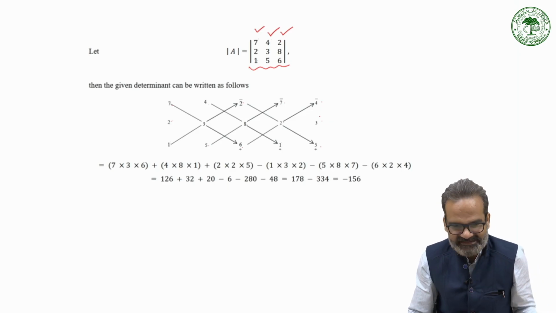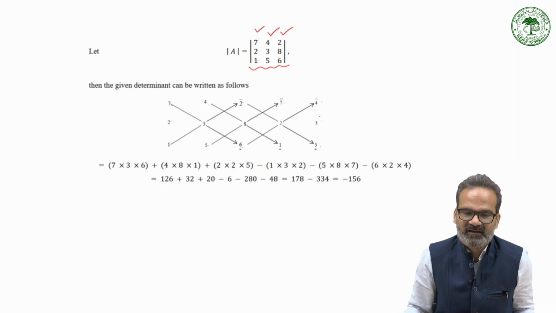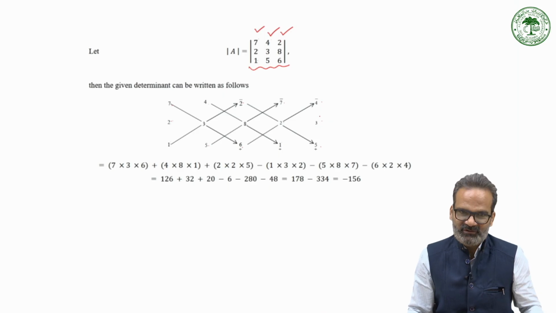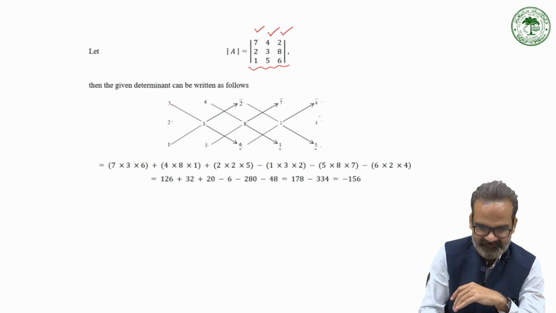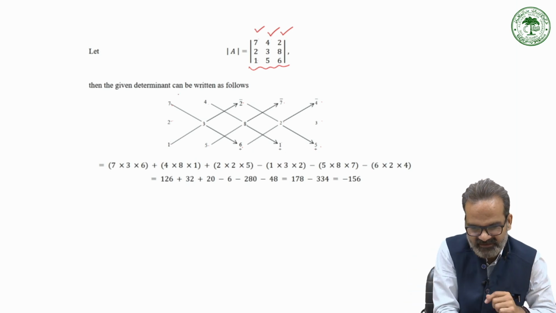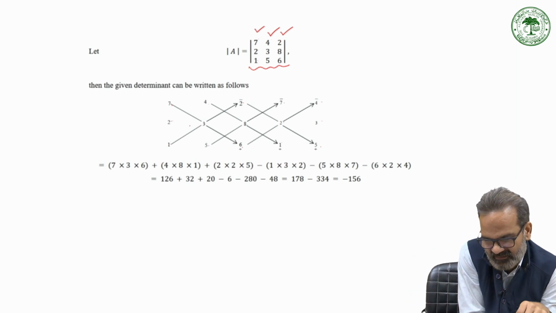And after writing down these 5 columns, use the concept of the principal diagonal. See, 7 3 1, this is the first diagonal, right?